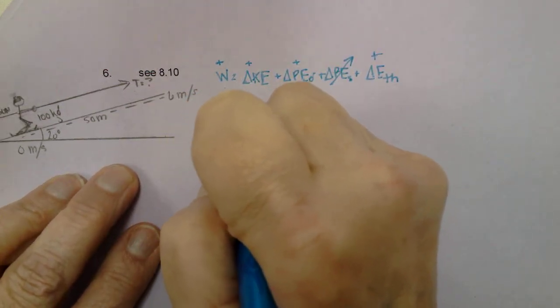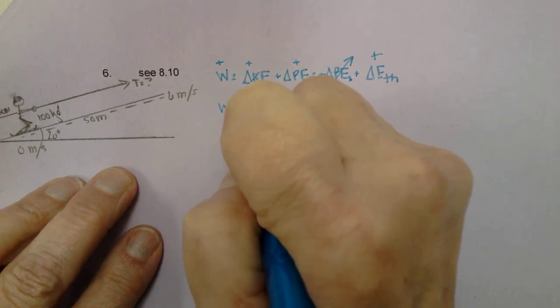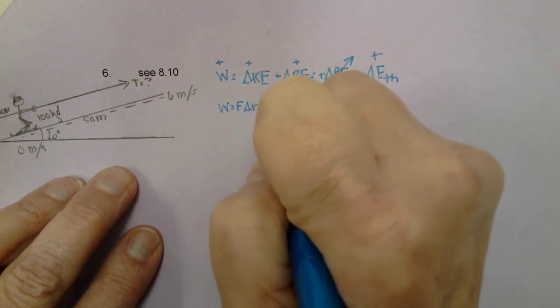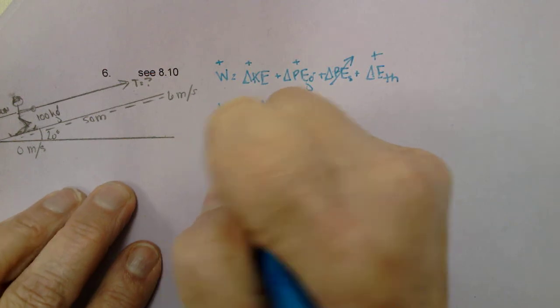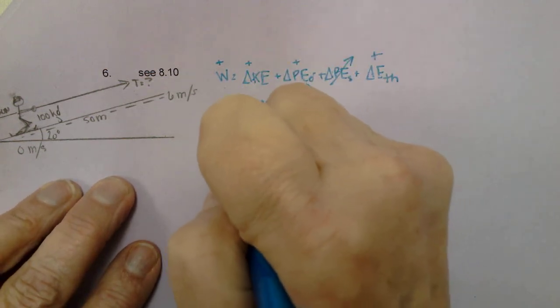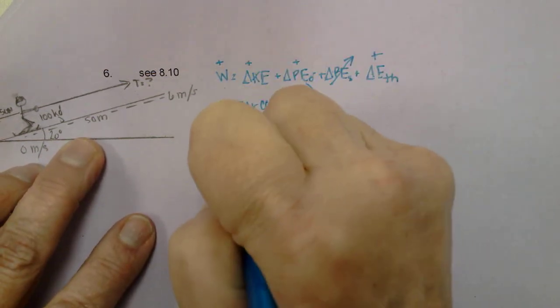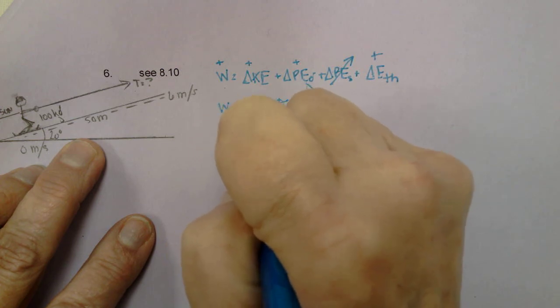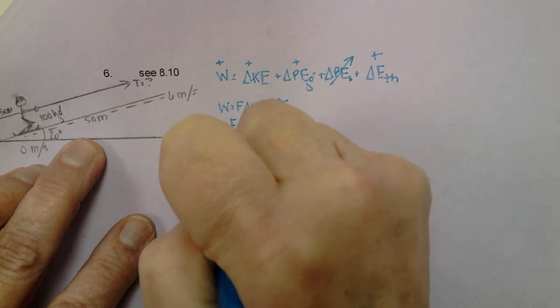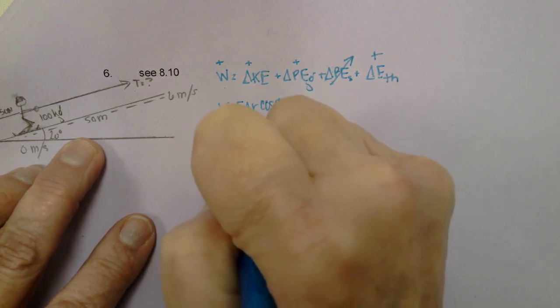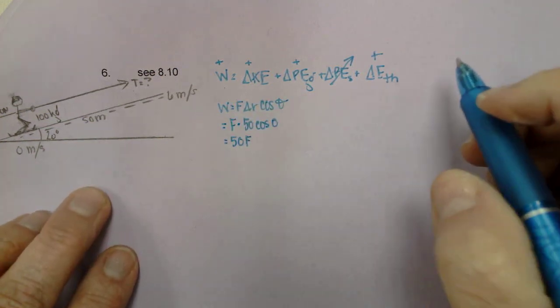Work is equal to F delta R cosine theta. And in this case, then it's going to be F, which I don't know, times 50 cosine of 0, which is 50F. And it's positive because it's working with motion.